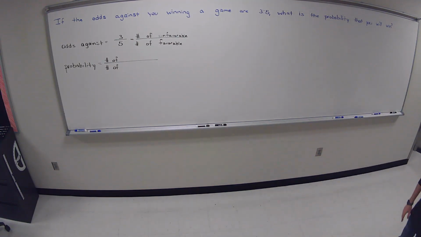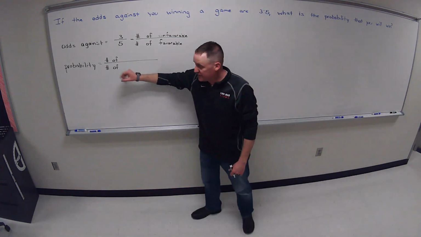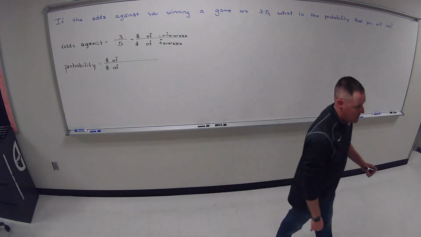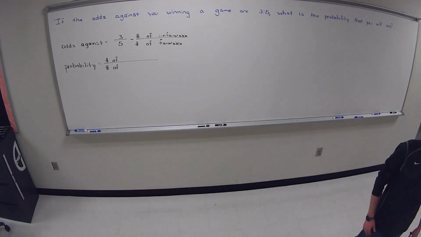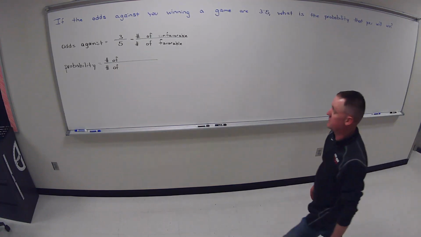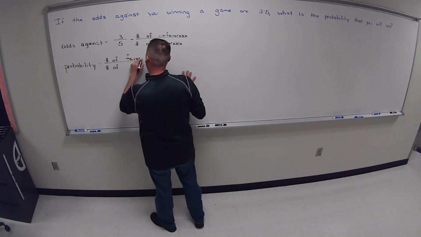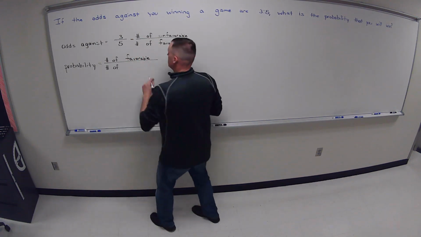Now, again, we're not going to pull numbers down here yet. How do we find probability? The numerator in probability is always what? Number of favorable outcomes. Here's what I'm going to point out right now.